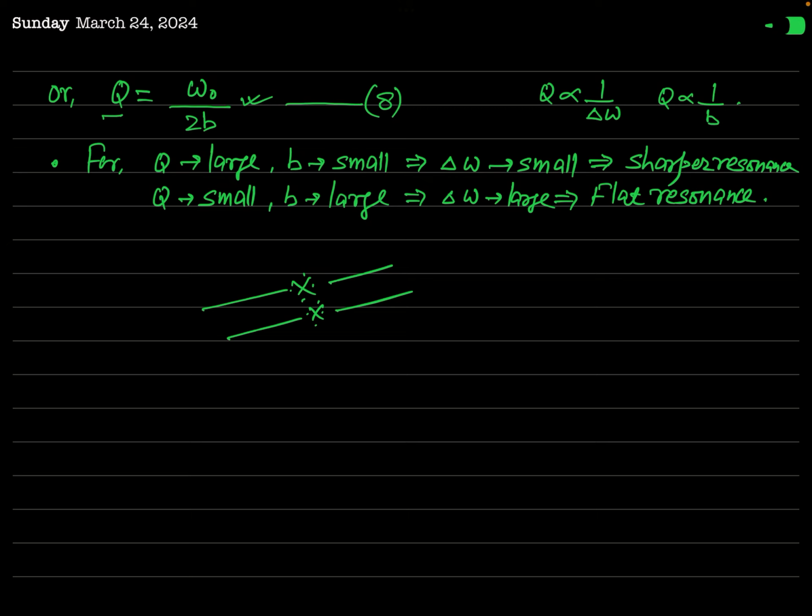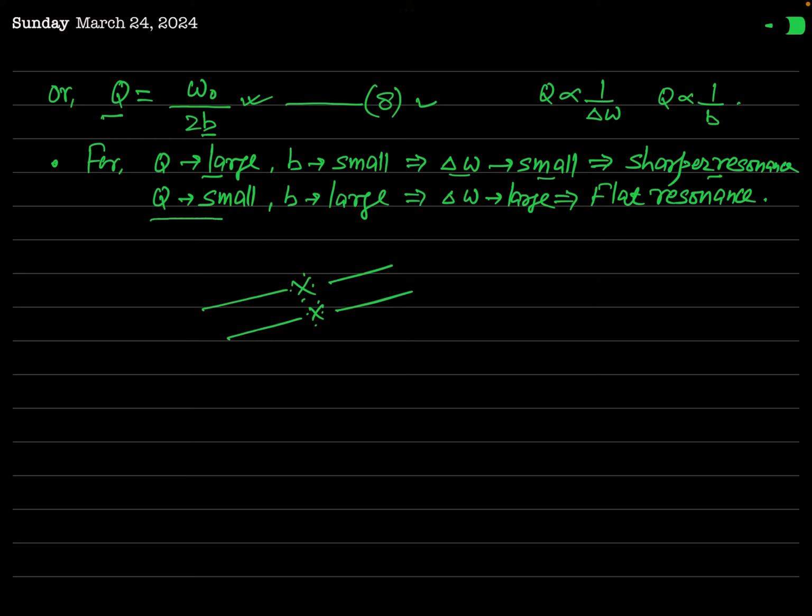Now when will the quality factor be large? It is obvious from this equation 8. When the damping coefficient b is small, the quality factor will be large. When Q is large and b is small, delta omega will be small, and so the resonance will be sharper. So directly you can say if the quality factor is large, resonance is sharper.